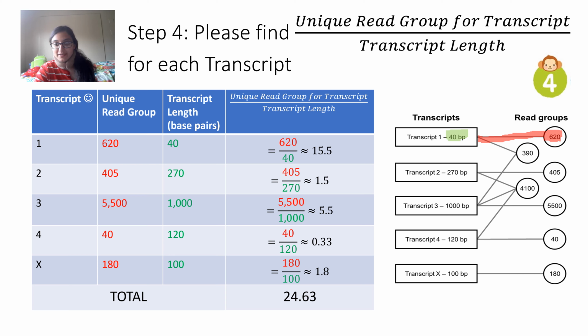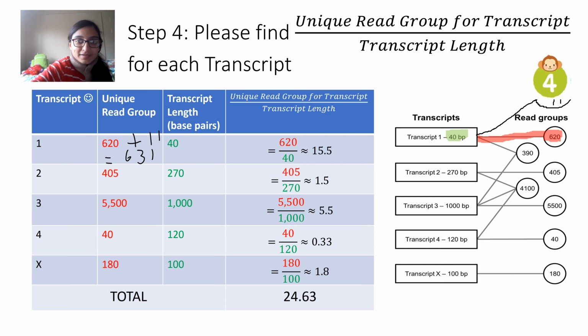If we had gotten another read group that happened to be unique for transcript 1, let's say this one is 11, we could have just added 620 plus 11, and that's 631.